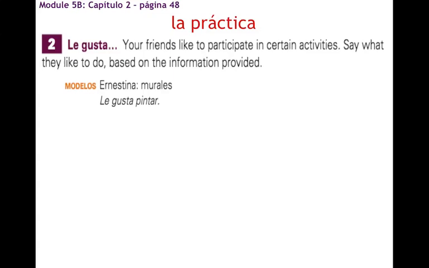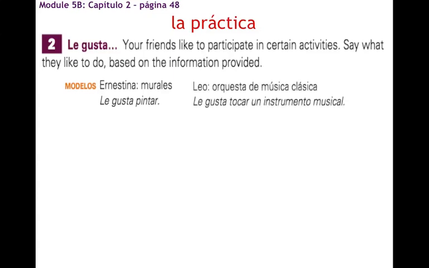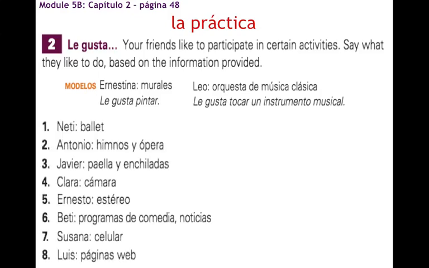Let's look at another ejemplo. Modelo. Leo, orquesta de música clásica. So that's something he's involved in. So, le gusta tocar un instrumento musical. So we're seeing an item associated with that activity. You need to come up with the activity. Here we go. Número uno. We have Neti, who's very interested in ballet.